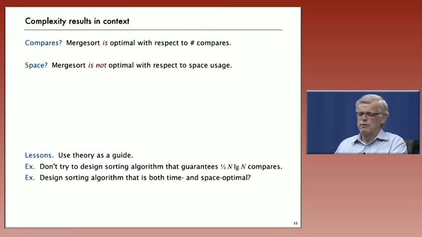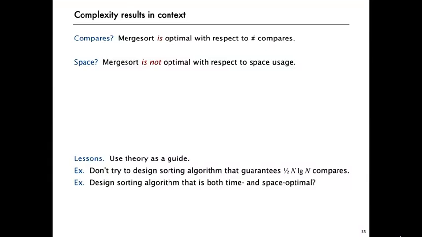So what we want to take from these theoretical results is a guide when we're looking at implementations and trying to solve practical problems. In this example, what the theory tells us is, don't try to design a sorting algorithm that guarantees to use substantially fewer compares than merge sort. Say, half n log n compares.